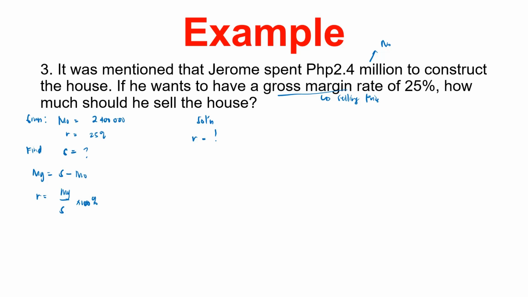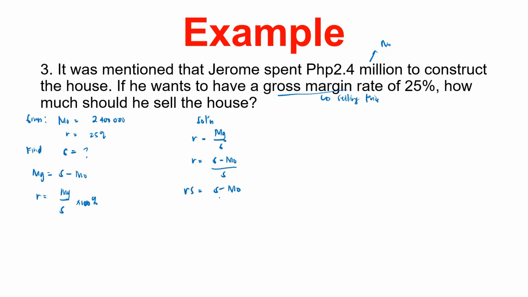This time, we are going to prove that the rate of the gross margin is the proportion of the gross margin to the selling price. We all know that the gross margin is selling price minus cost price. Since they are proportions, we can do cross multiplication.